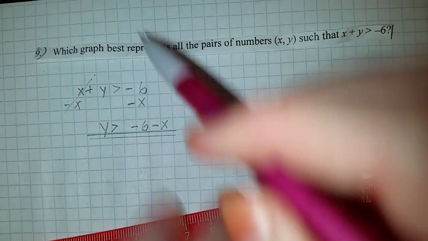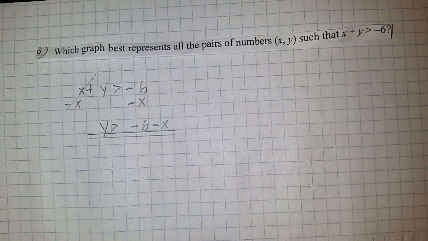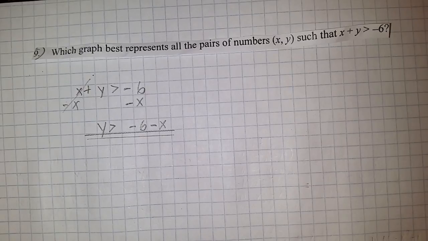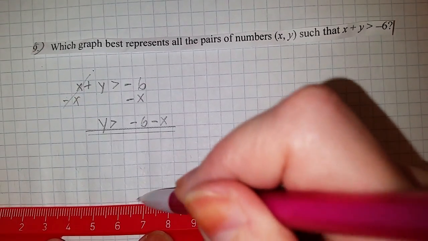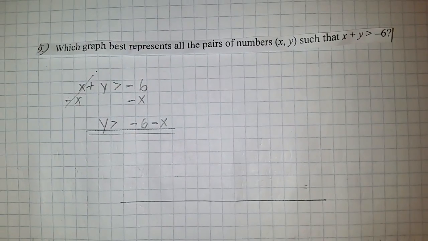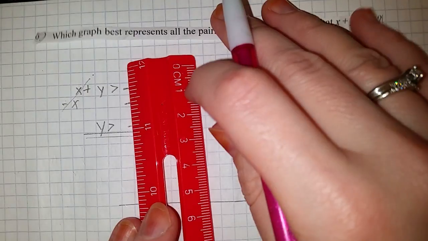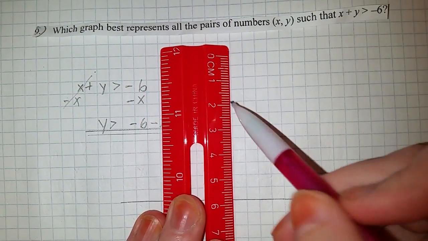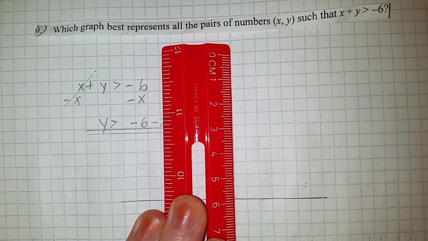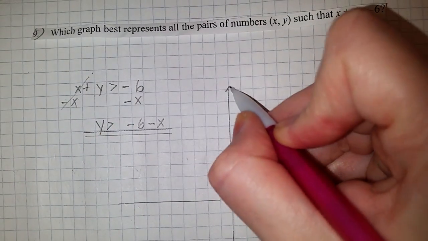Of course, you can always use your calculators to graph this, but I just wanted to show you how to do this manually just in case you don't have a graphing calculator. So first I'm going to make an xy plane, or coordinate system. Okay, x and y.